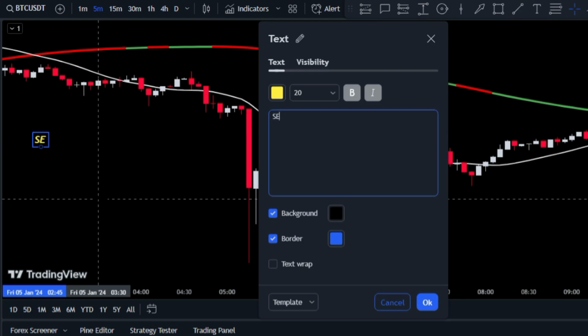On the other hand, if the market is in a downtrend and the price breaks below the 50 moving average, we have a bearish breakout, and this is a sell signal.